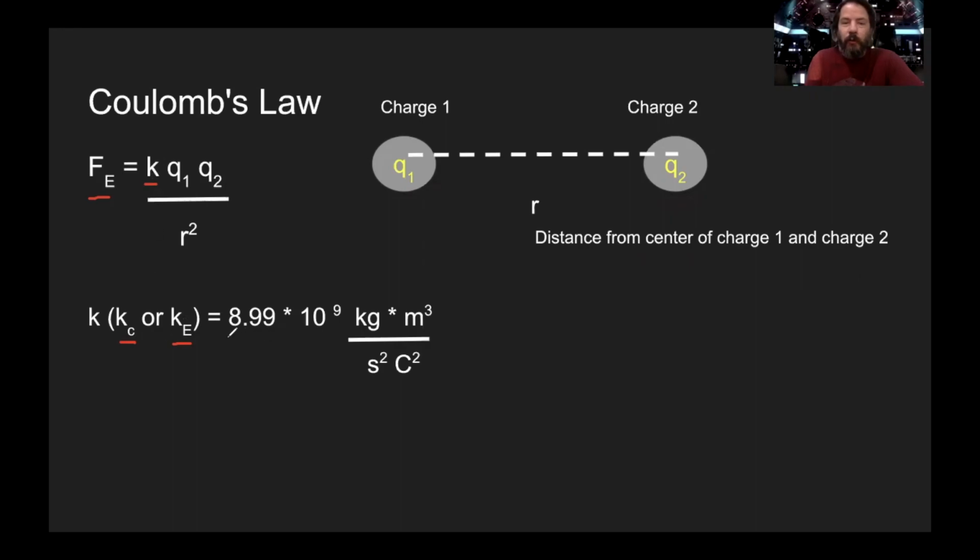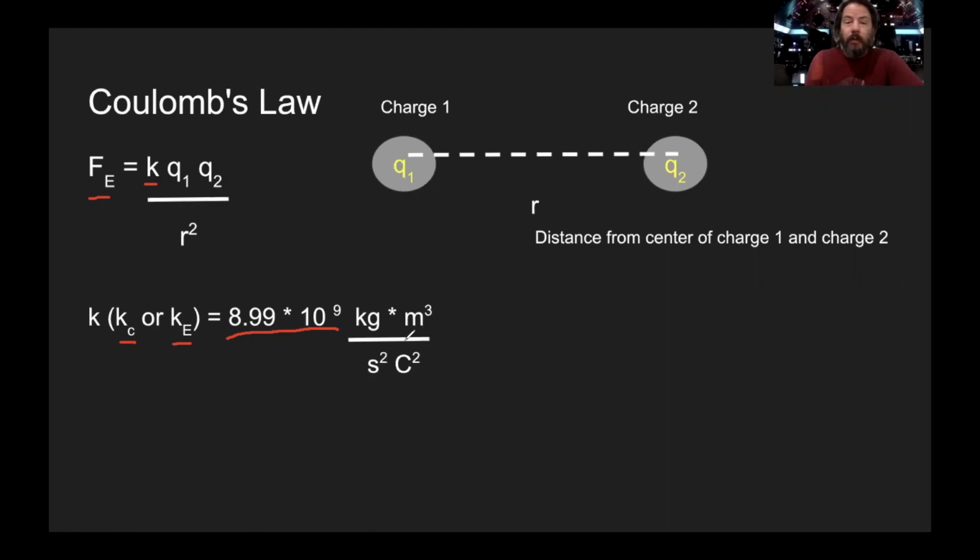So this is a universal constant for Coulomb's law, and it's 8.99 times 10 to the 9th power kilograms times meters cubed per second squared times Coulomb squared. If you do all the unit math, what you wind up with is meters per second, kilograms times meters per second squared, which is the same thing as a Newton.